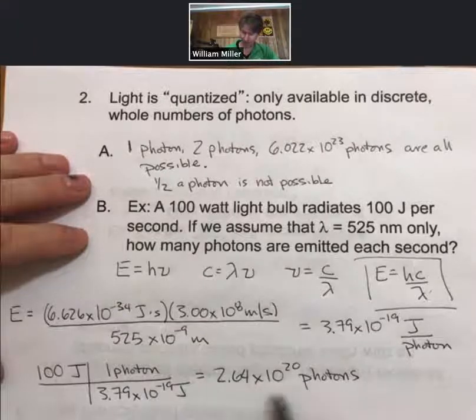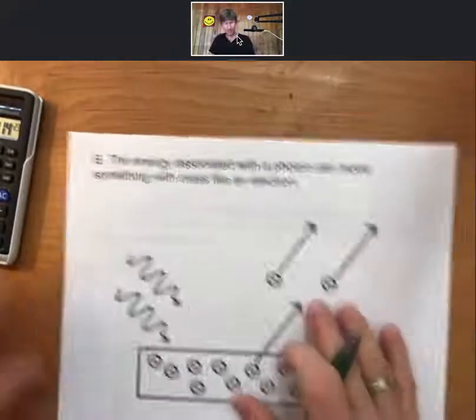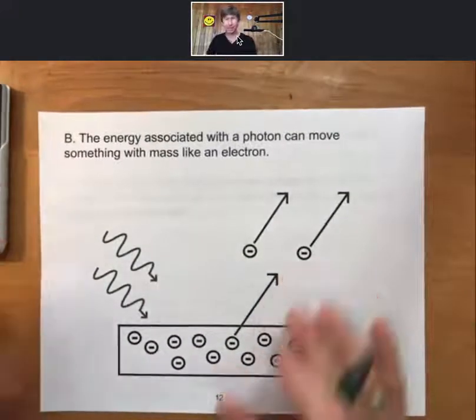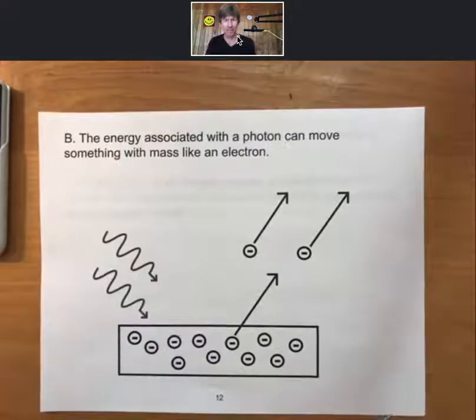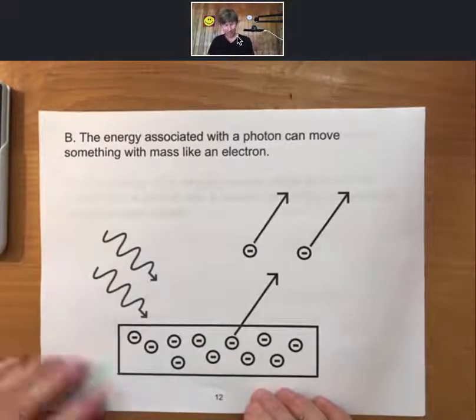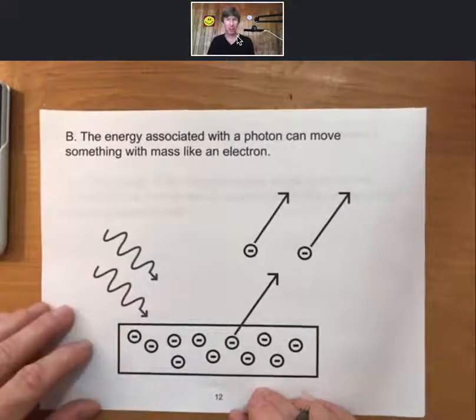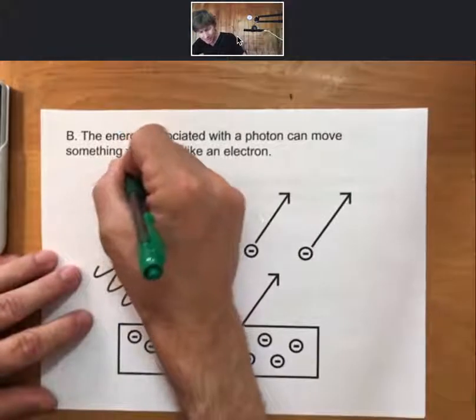And I will say that this number will turn out to be on the same general order of magnitude, although it's a little smaller in this example, as moles, so 10 to the 23rd, and we'll talk more about that later. Now, a photon has energy. The energy associated with a photon can move something with mass like an electron, and this is a picture of what's called the photoelectric effect.